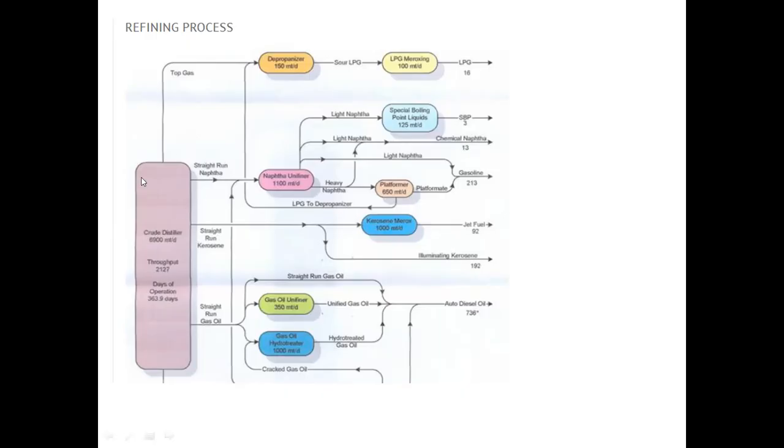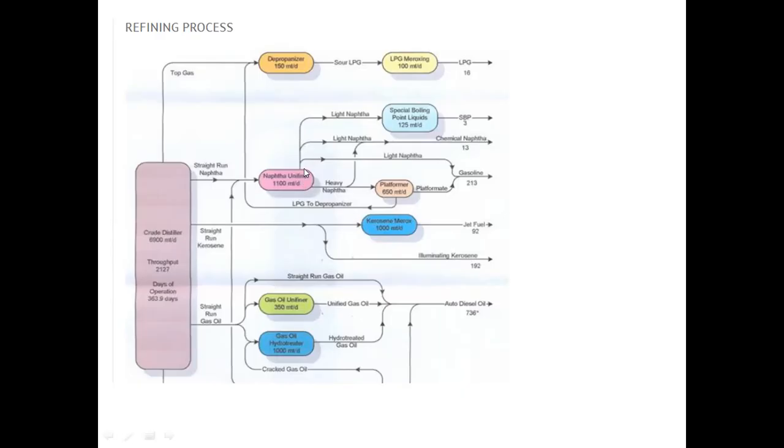Here you can see this is the crude distillation column, and here the top gas is coming, and it is processed through several unit operations, and LPG gas is taken. Then here you can see straight run naphtha. Naphtha is taken and sent to naphtha unifiners. The purpose of unifiners is to remove sulfur and nitrogen.